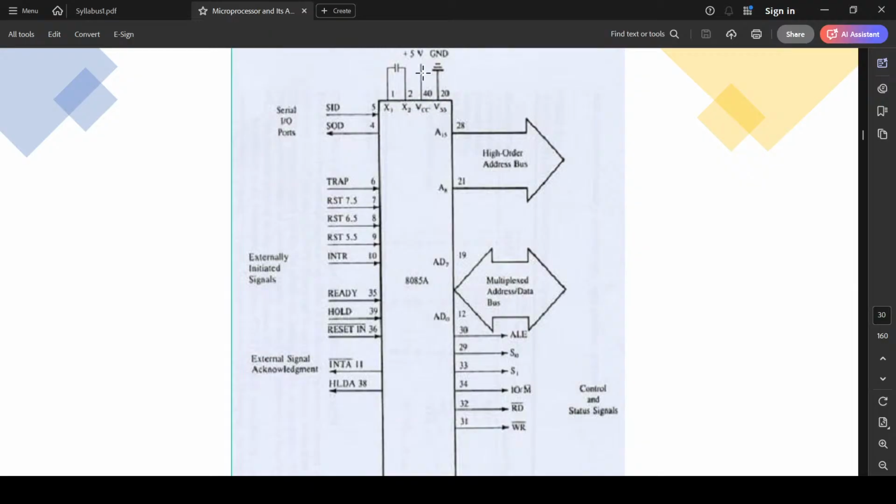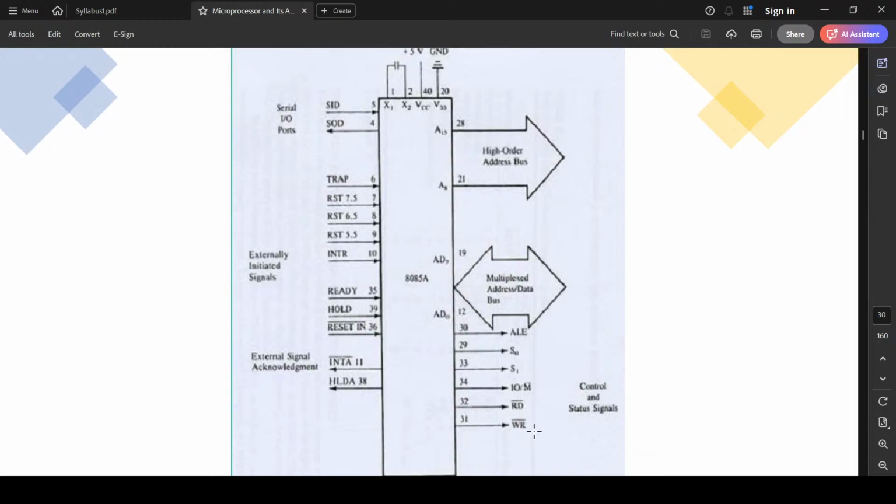What is this? We have AD0 to AD7 as multiplexed. Yes, it was multiplexed. Then A8 to A15 was the address bus. Yes, it is the address bus.